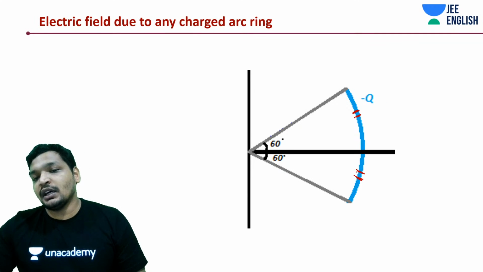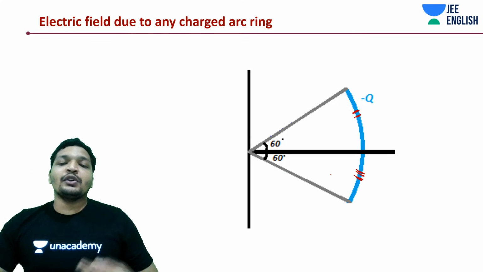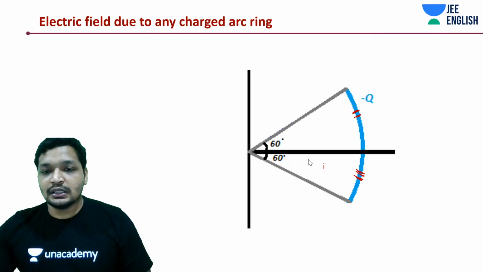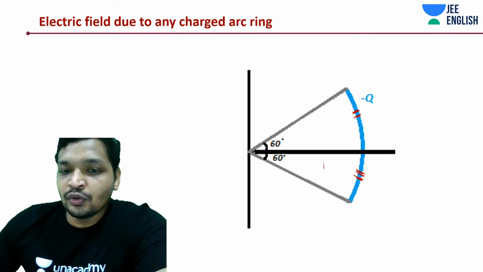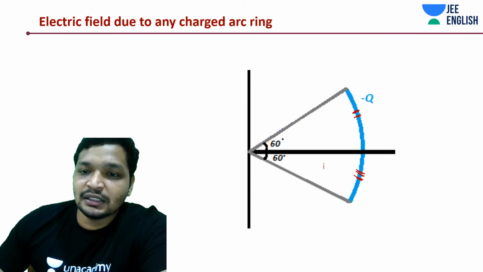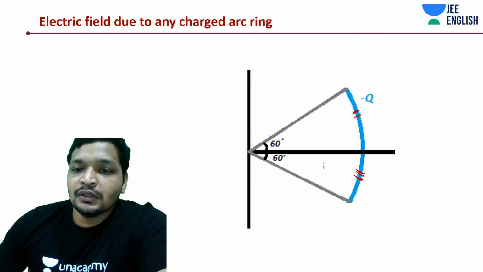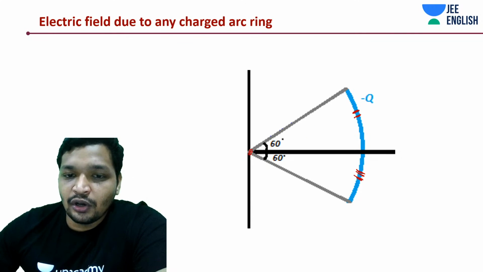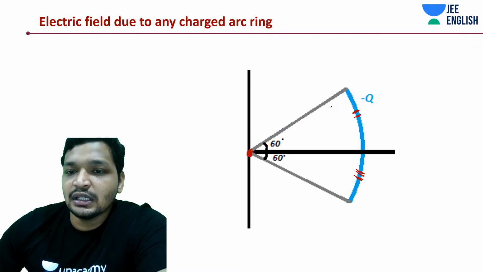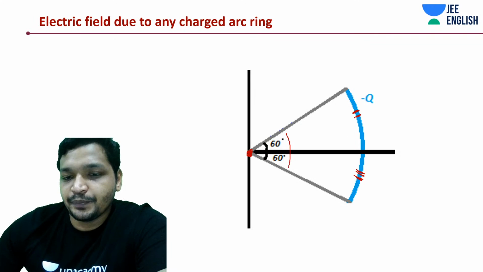I've taken the arc in this direction this time. You must be getting the right answer. If you're not, guys, just work around it. So what would be the direction of the field? Let's say this is given as minus q charge. Let's take two elements. At this origin is where I have to calculate it. This at 60 degrees, this also at 60 degrees, so total is 120 degrees.